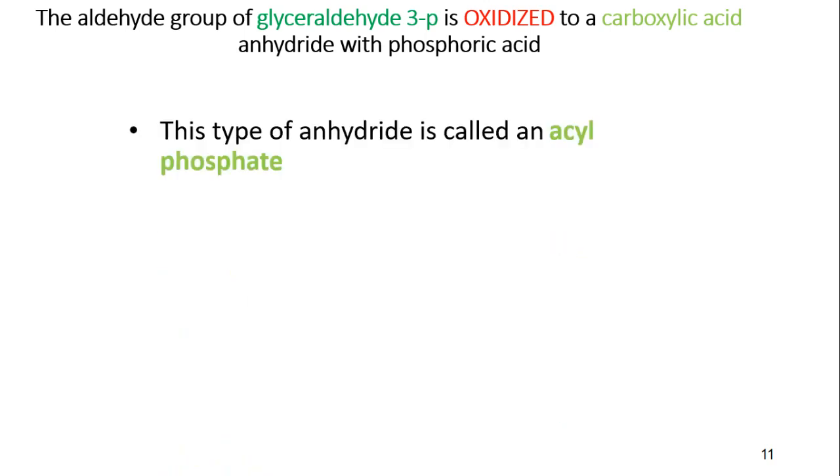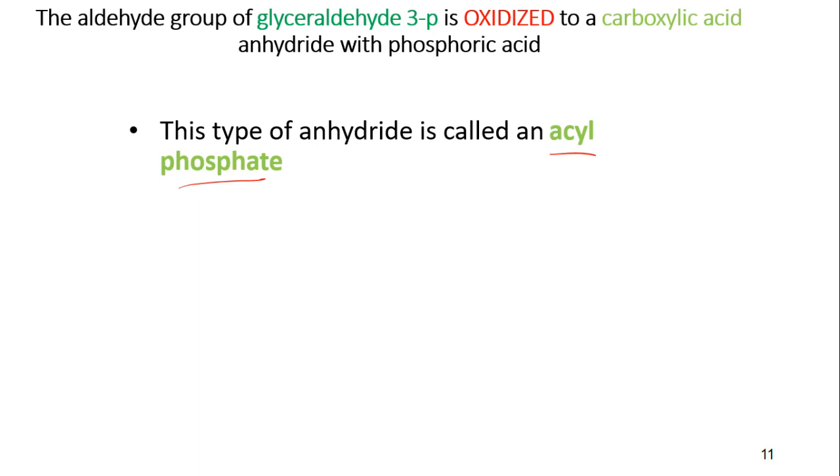This anhydride is just known as what? An acyl phosphate. Okay, with that in mind, we need to understand that this acyl phosphate has a very high free energy of hydrolysis.